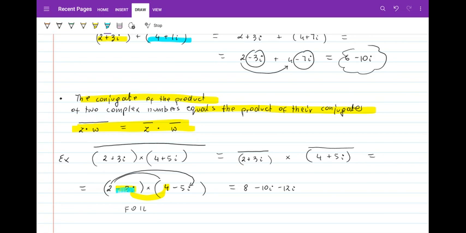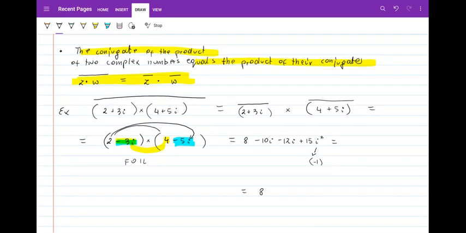L stands for multiply last of each parenthesis. So you have negative 3i times negative 5i, which will give us 15i squared. So, of course, i squared is just negative 1.